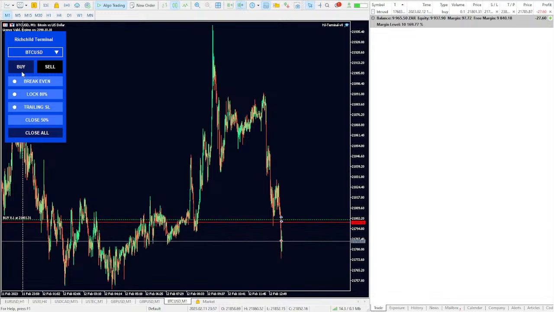If the market is not moving too much, it might not go against us the enough amount of points that we need to open phase 2 or phase 3. So let's see.